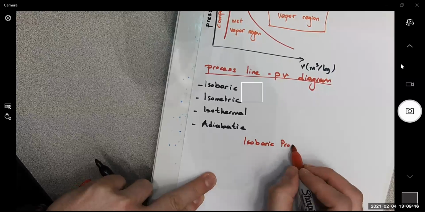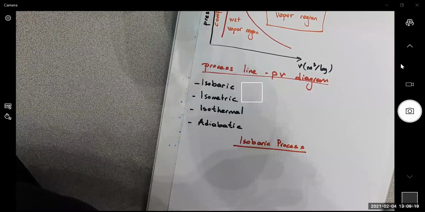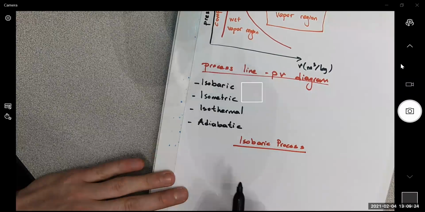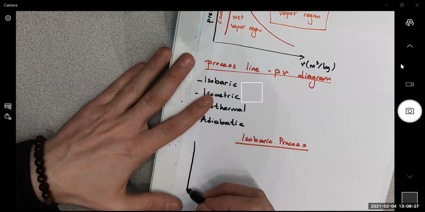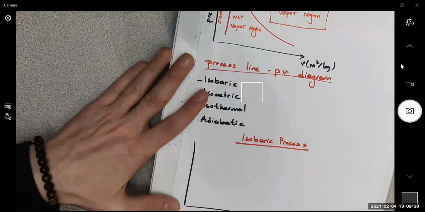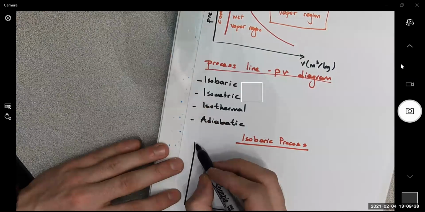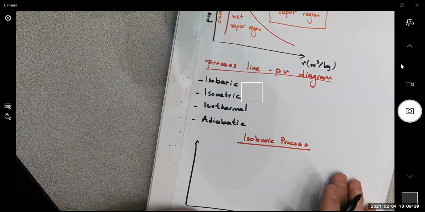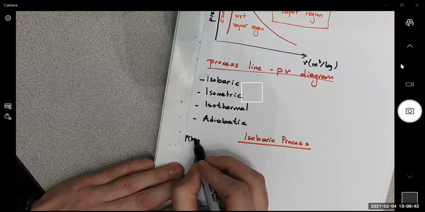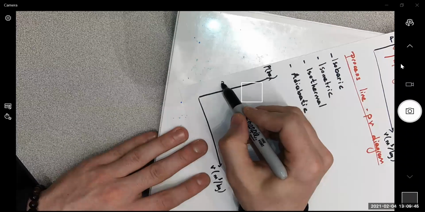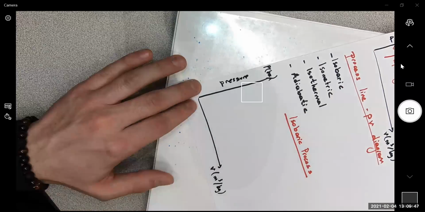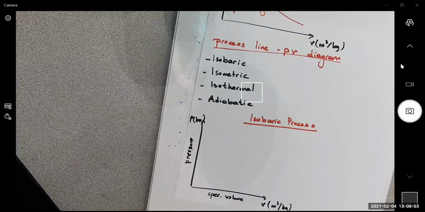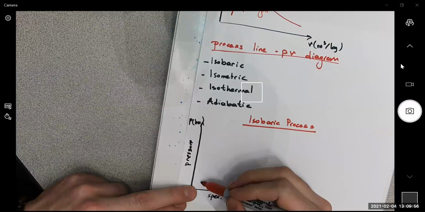Isobaric processes. What was an isobaric process? Where pressure is constant. And we're still talking about that experiment we ran: pressure versus specific volume, with pressure in bar or kilopascal, and the saturation curve.